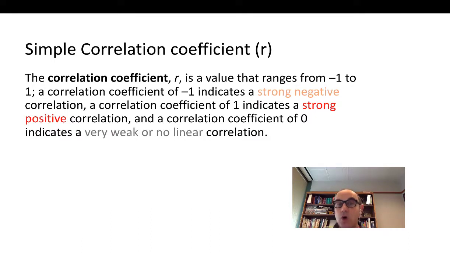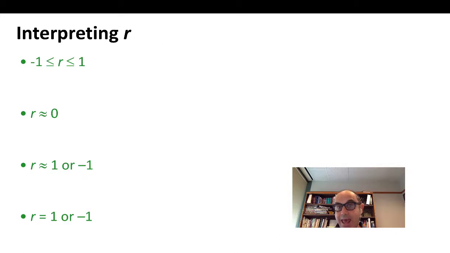So the simple correlation coefficient, small r, has values ranging from -1 to 1. A correlation coefficient of -1 indicates a strong negative correlation, compared to 1, which indicates a strong positive correlation. And when the correlation equals 0, it indicates a very weak or no linear correlation at all.